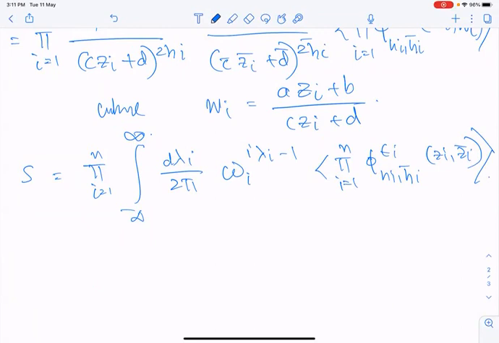Here I have written this delta as 1 plus i lambda. So this is the form of the amplitude.